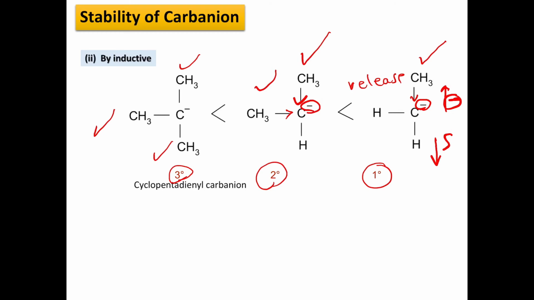This negative charge becomes more negative by one source, more negative by two sources, and here by three sources. In that case, this is the most stable, and this is the less stable carbanion ion.